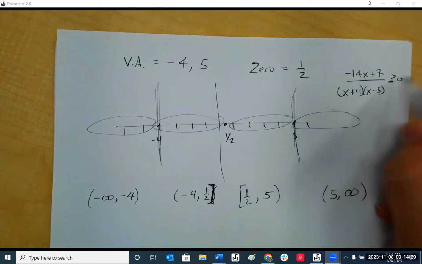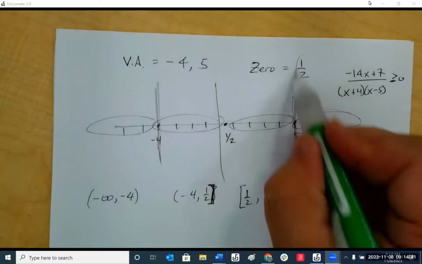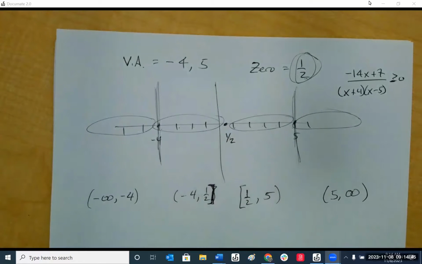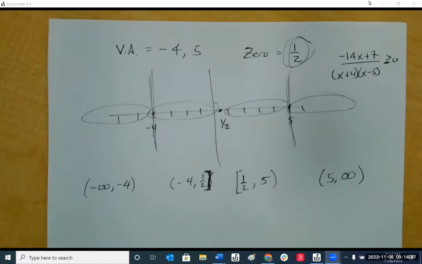Because it's a greater than or equal to, I can include my zero. So at the 1/2, I put a bracket. Pick a test value from each one of these.